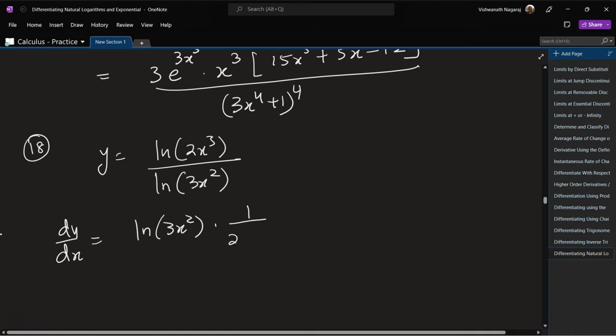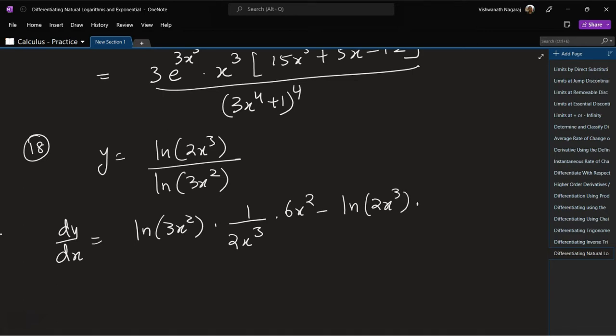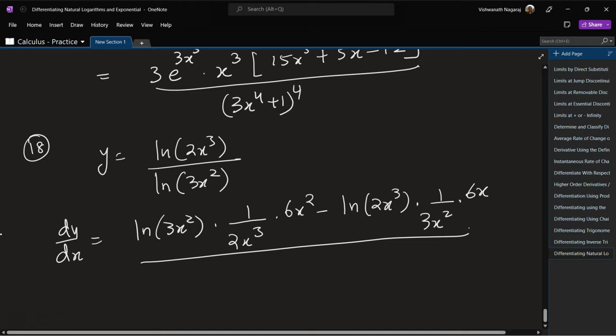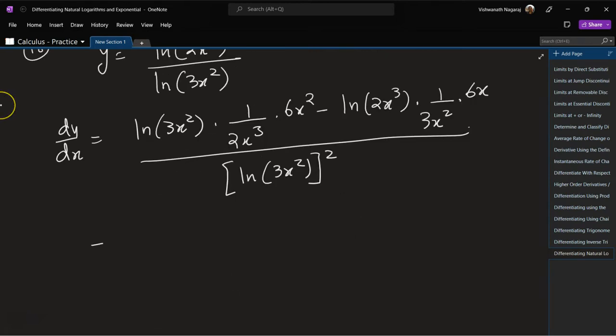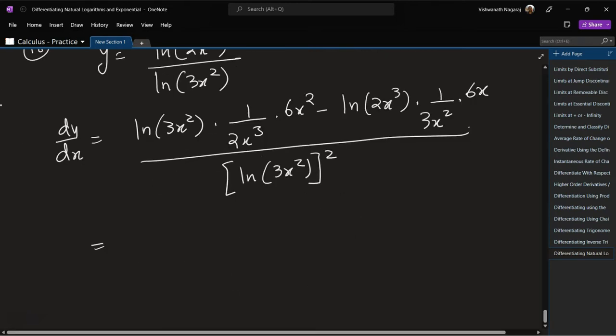So that is 1 by 2x cube times 6x square, minus then the numerator as it is, so natural log of 2x cube, and the derivative of the denominator, so 1 by 3x square times 6x, divided by the square of the denominator, so (natural log of 3x square) square. Okay, now let's do some cancellations.